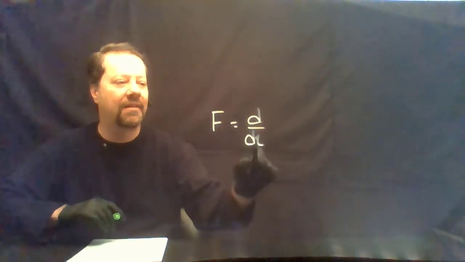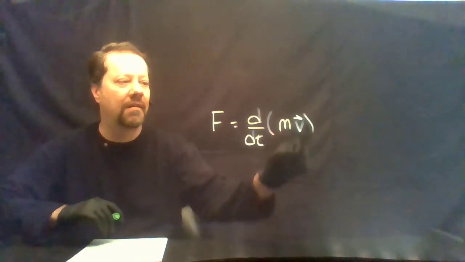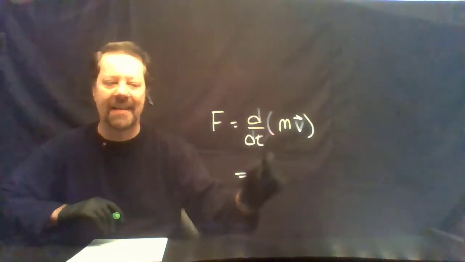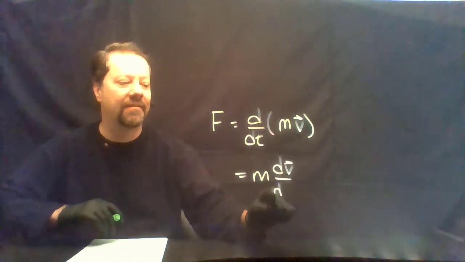Newton, of course, argued that objects not experiencing a force move in straight lines. Forces represent the time rate of change of momentum, and if the mass is constant, that's mass times the acceleration.